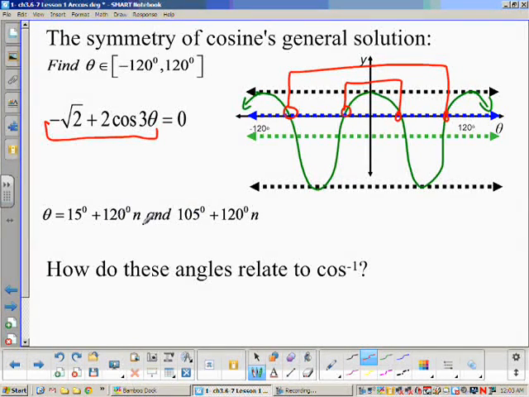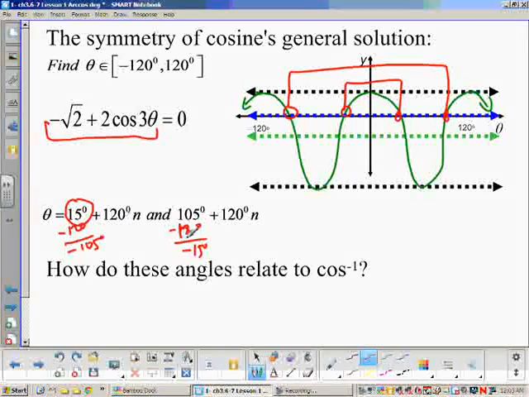We got our 120 for our period. If we take a moment to notice how we got the values, we could take 120 away from 105 and get negative 15 degrees. Likewise, we could subtract 120 from 15 and get negative 105 degrees.